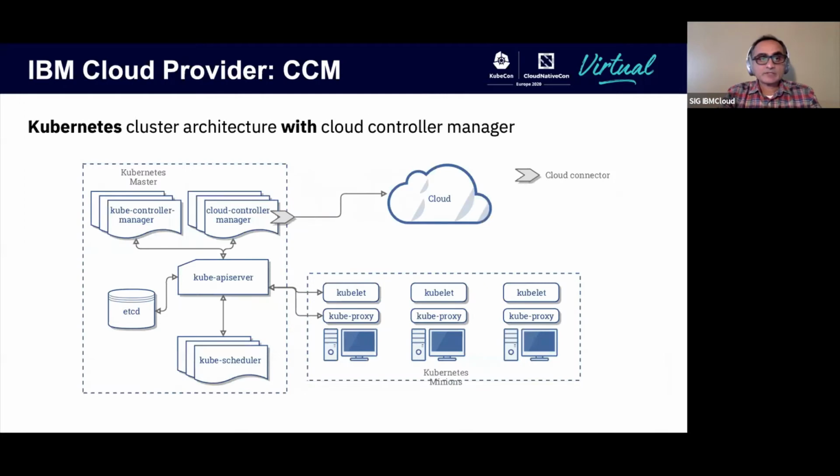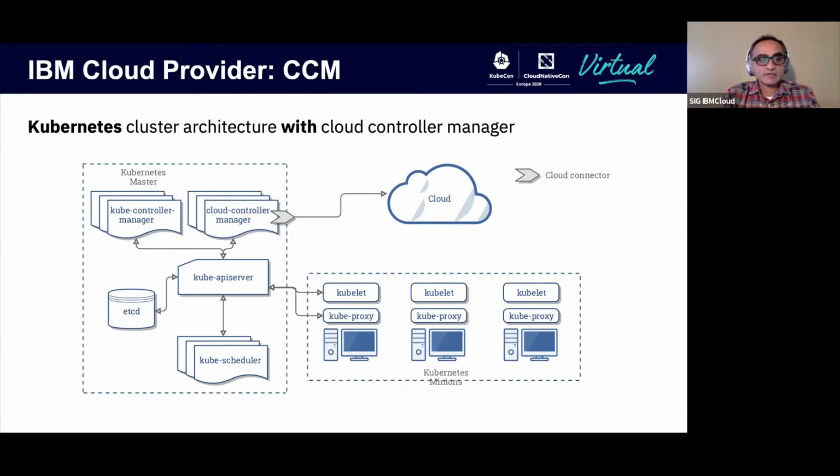All right, so the IBM Cloud Provider, there have been some discussions going on. If you're following the discussions in the community around Cloud Provider SIG, you probably know that all those control loops I mentioned earlier were part of the core Kubernetes.